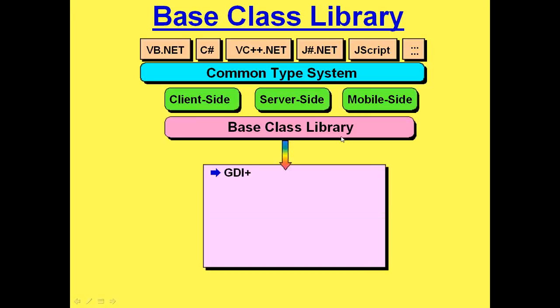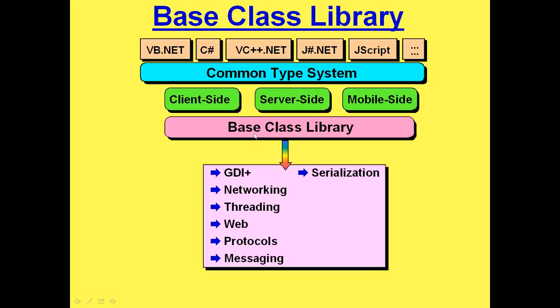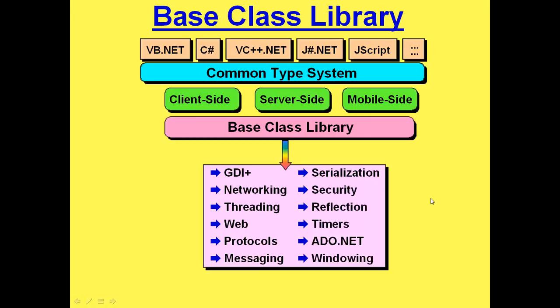If you want to develop graphics programs, you have a GDI library. If you want to develop network-related programs, you have a networking library. So this library is called the base class library, or you can say framework class library.